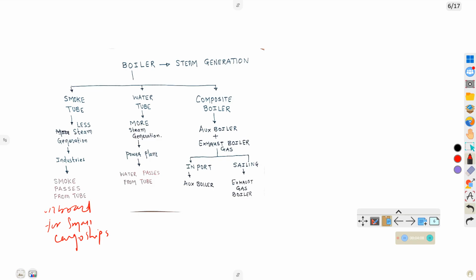On board, it is usually a composite boiler, meaning an auxiliary boiler and an exhaust gas boiler. In port, the auxiliary boiler is used, and while sailing, when the ship is moving, it is the exhaust gas boiler.